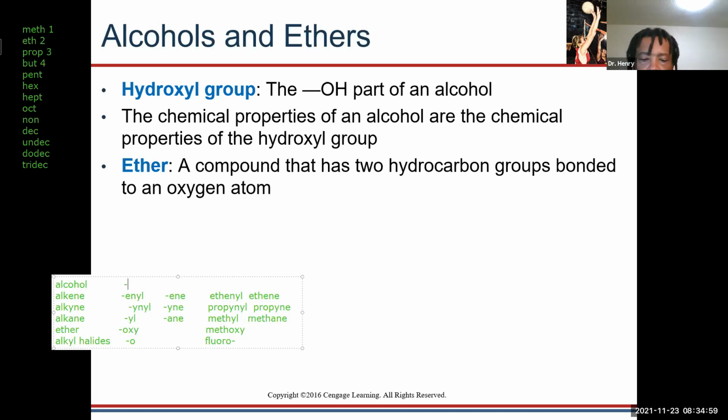For alcohols, we put ol. Oops, sorry. Put hydroxy.